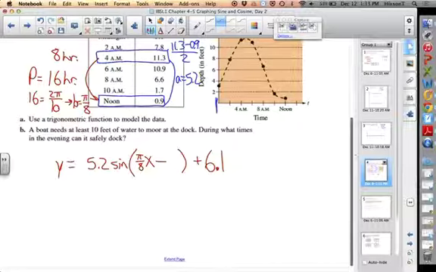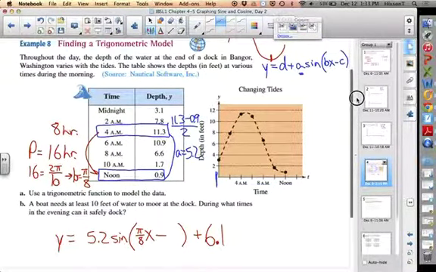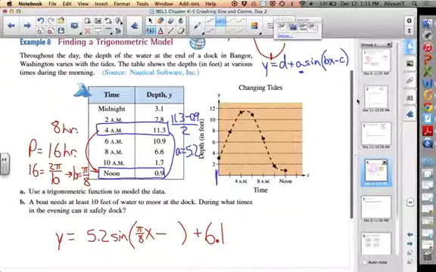What's a quarter of our period? 4 hours, right? So 4 hours before 4 a.m. would be midnight, okay? So that's hour 0, right?